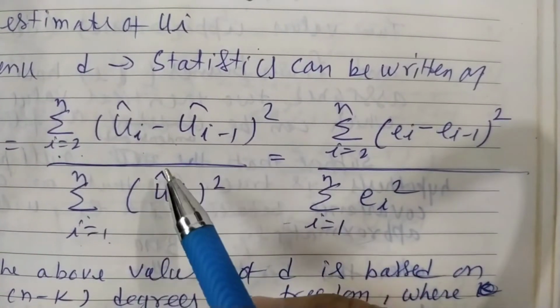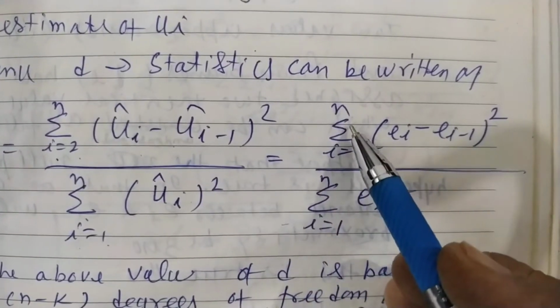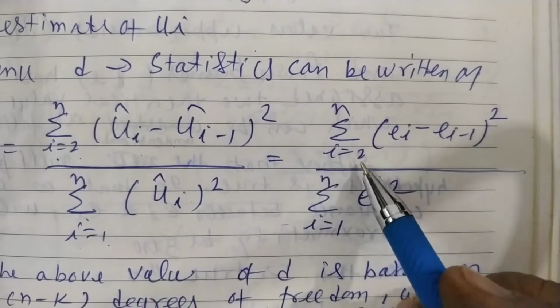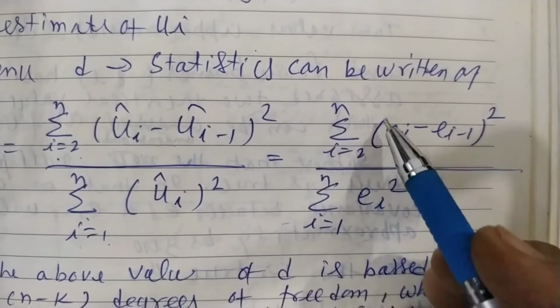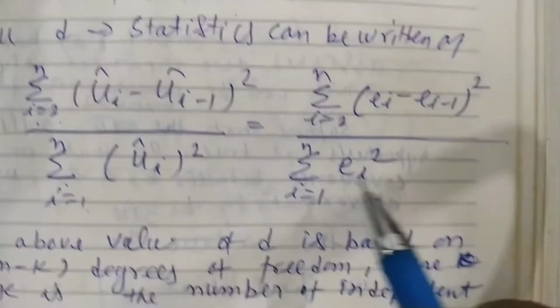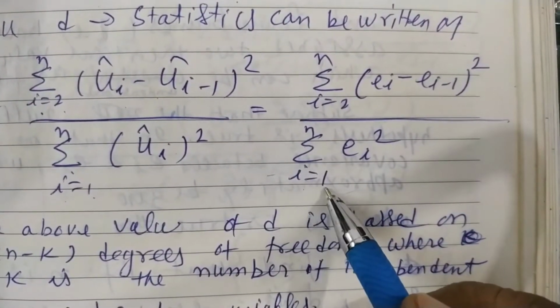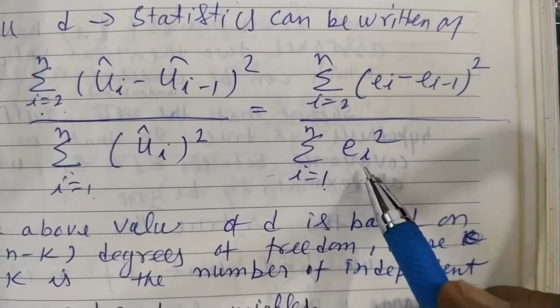In terms of the residual, we can write the sum from i equal to 2 to n of (ei minus ei minus 1) whole square divided by the sum from i equal to 1 to n of ei whole square.